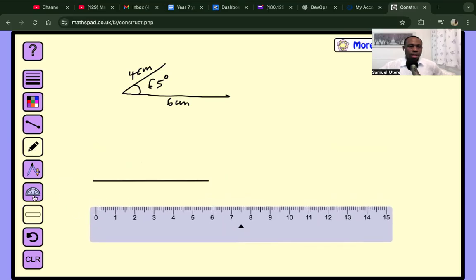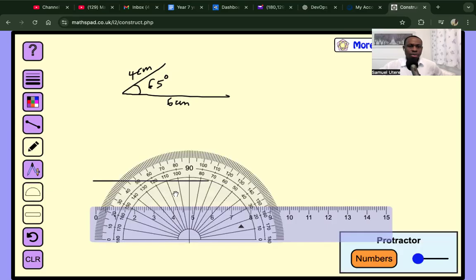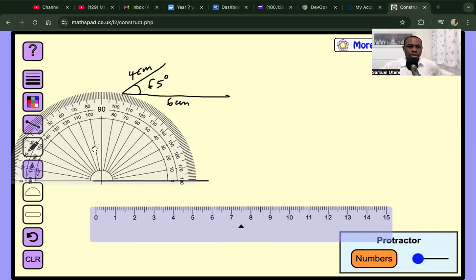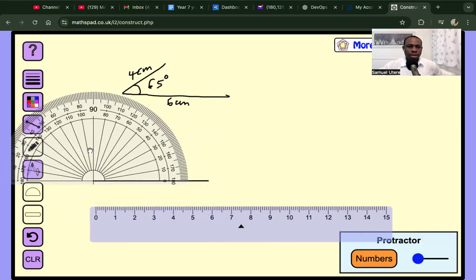Next, we'll take your protractor. Make sure you take your protractor and now you want to measure 65 degrees. Note that you want the 65 to be on this side.